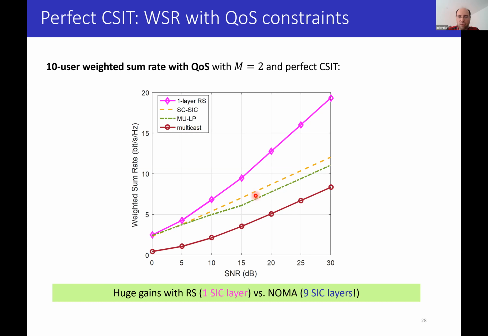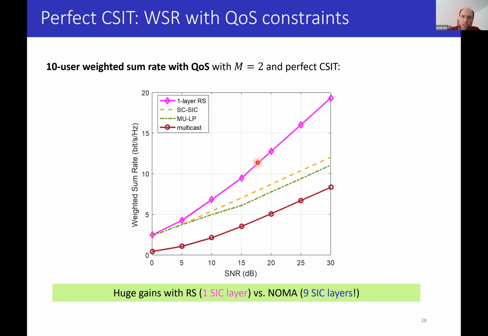NOMA has a small performance enhancement, but to have that small enhancement you have a price to pay, which is having 9 SIC. So you have 10 users, so each user should actually implement 9 SIC layers, very high complexity. Pink one is 1 layer rate splitting. You get a much higher weighted sum rate, and you have only 1 SIC at the receiver.